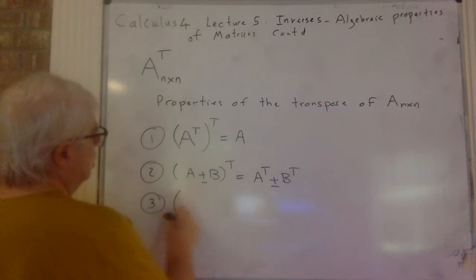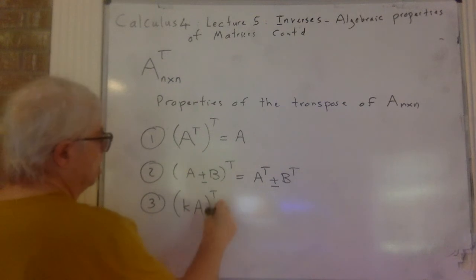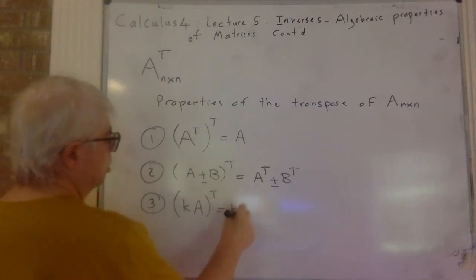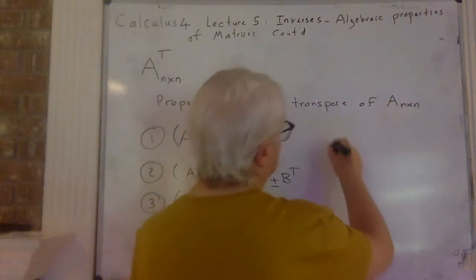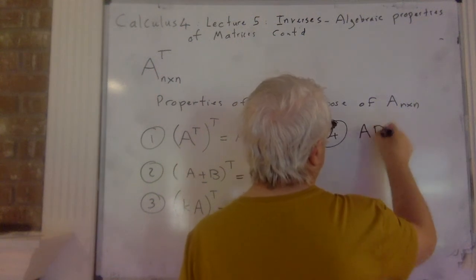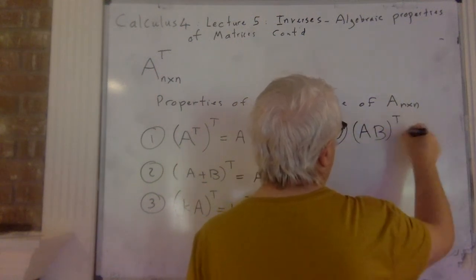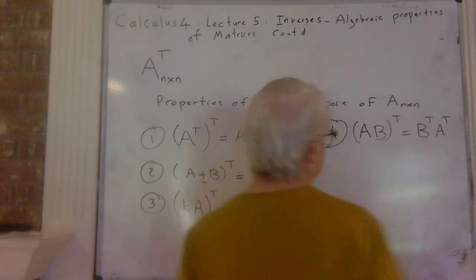And the third one is, if I multiply this by some constant, this is a constant or scalar, nothing happens here. So that stays, the k doesn't change. And number 4, which is important and looks like the other one: the transpose of A times B is B transpose, A transpose.